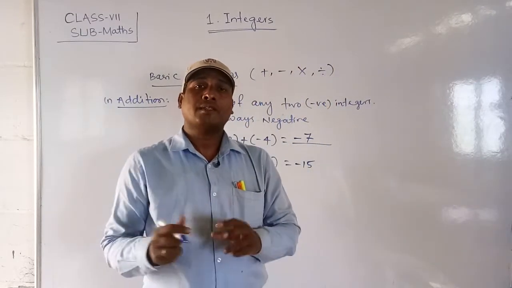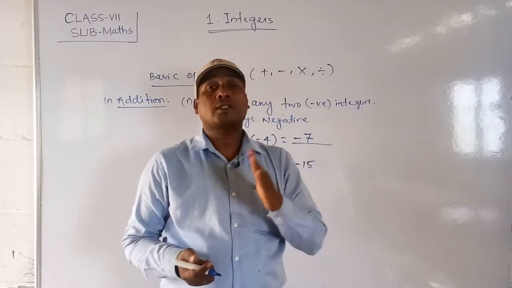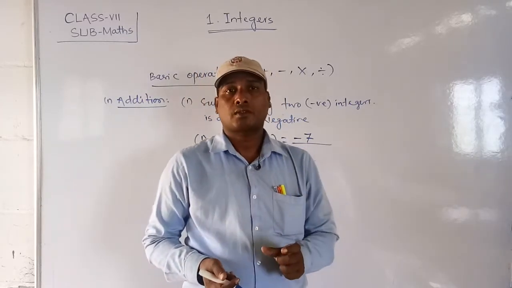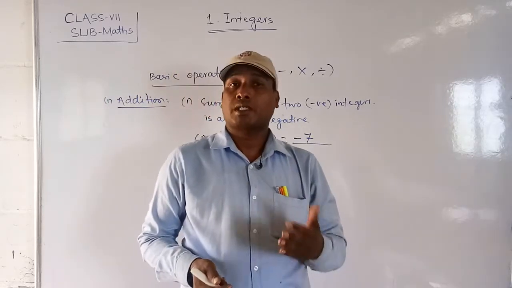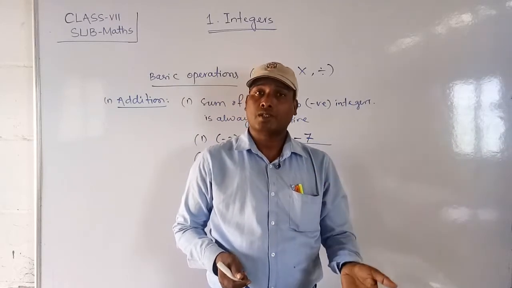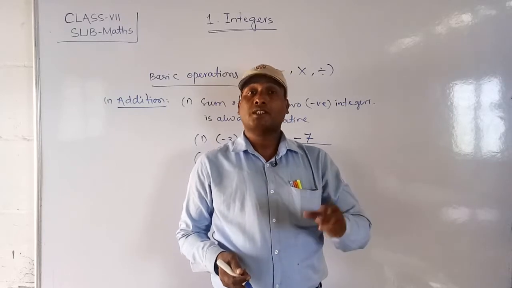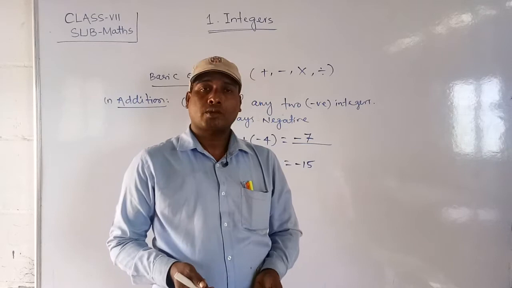Some students have heard that negative means positive, and they think minus plus. Don't think like that. That is the wrong concept. While adding, minus plus a minus stays minus. But when you multiply minus by minus, at that time you can say it is plus. Are you clear?